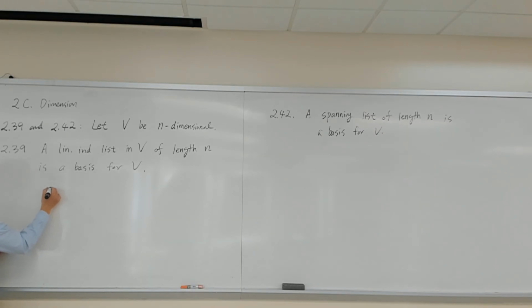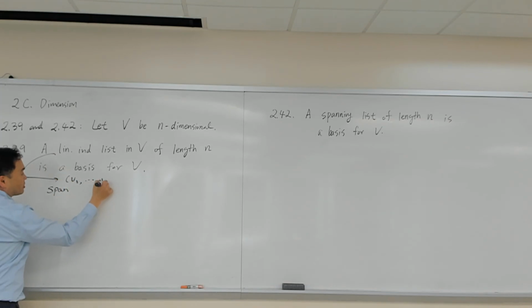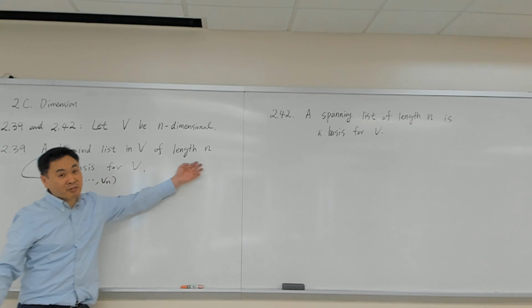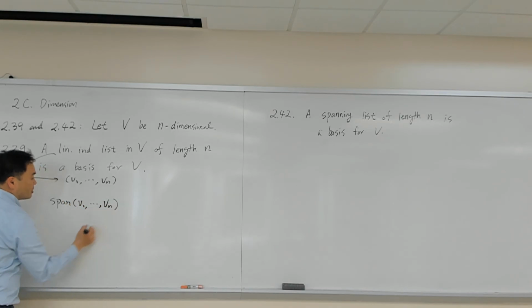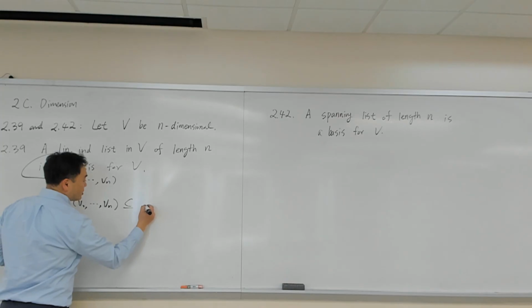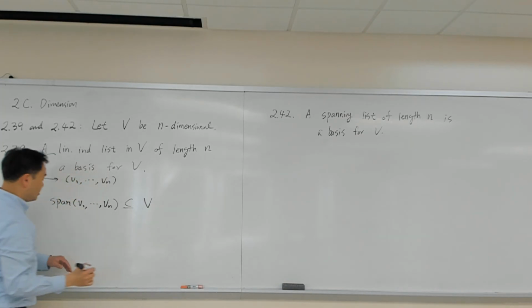See, let's say you have this list V1 through Vn. So that's length n, right? The span of V1 through Vn is a subspace of V, right?